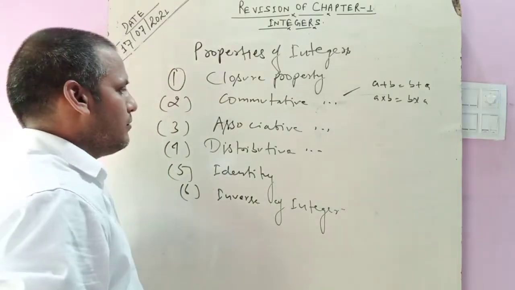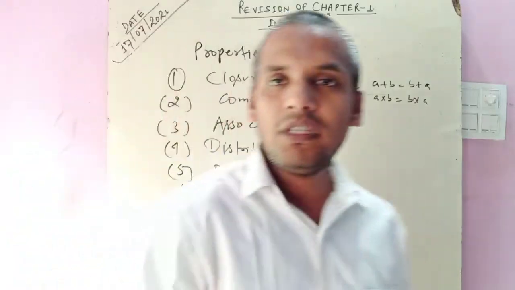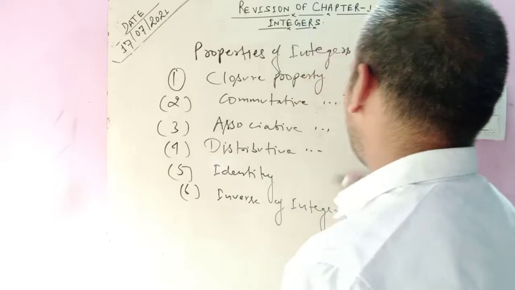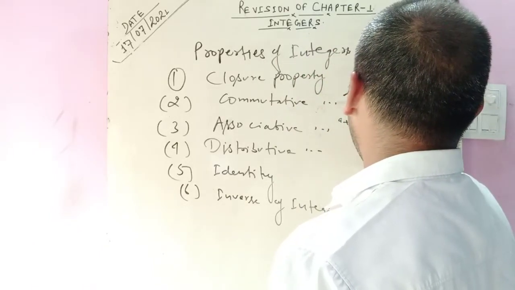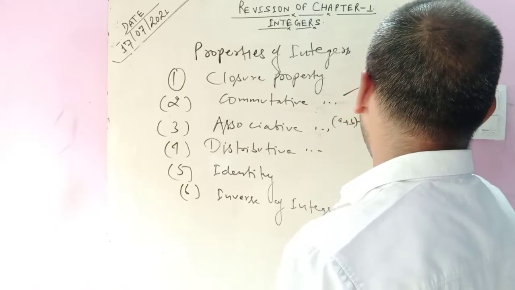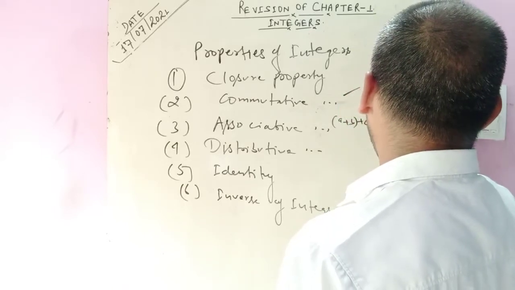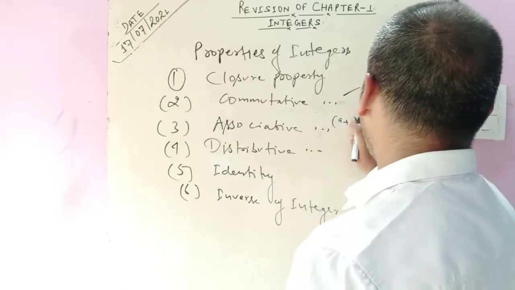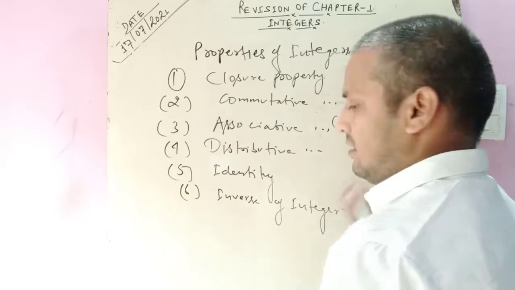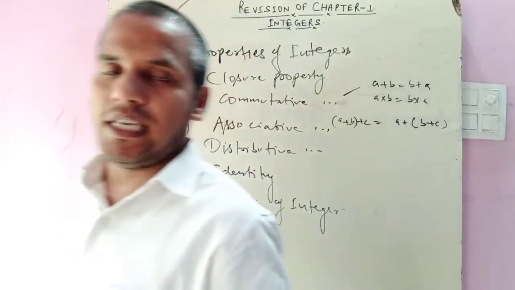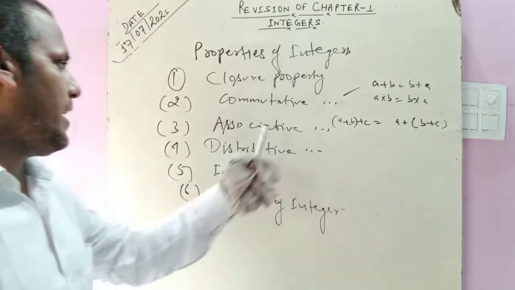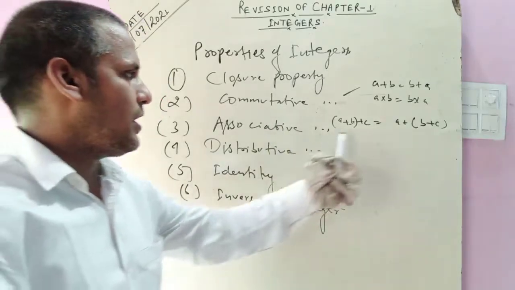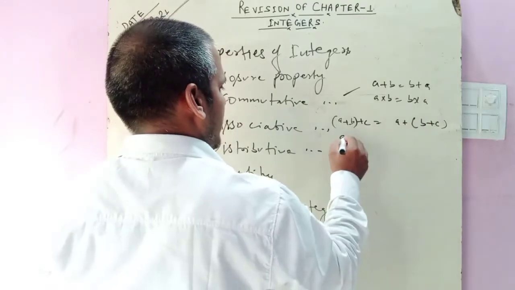If we multiply any two integers a into b and interchange their places, the result is the same. For the associative property we use three terms. Associative property: if we add a plus b plus c, first a plus b or first b plus c, if we add any three terms and change the grouping but the result is the same, we can say it holds the associative property under addition.